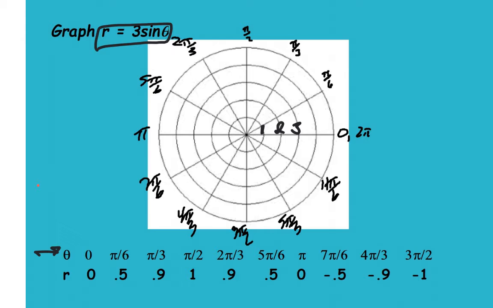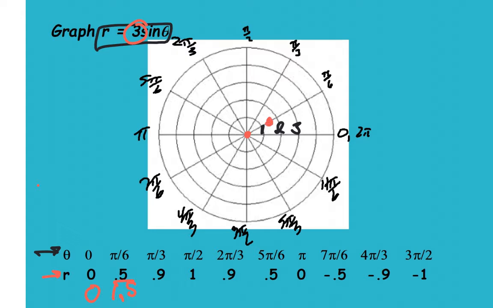If this is what r would typically be for sine, we need to then multiply it by 3. So this is still 0, so 0, 0. And then at pi over 6, it would be 0.5 times 3, so that would be 1.5. So at pi over 6, we need to go to 1.5.